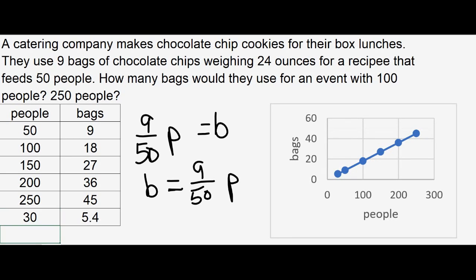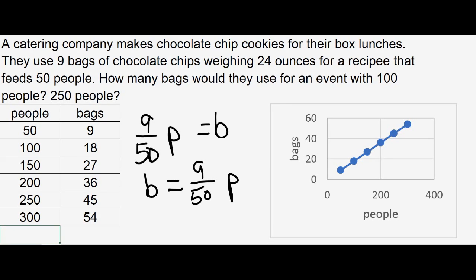And as you can see, as we graph it, the relationship shows up as a straight line. And that's what we call direct variation, or a directly proportional relationship.